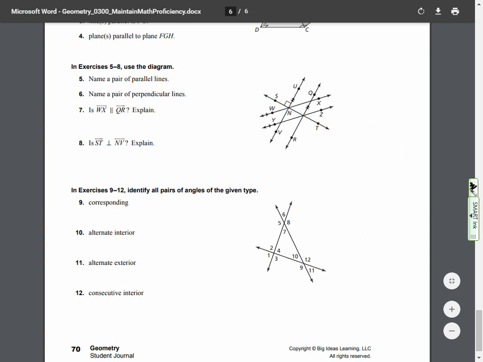Okay, I'm going to ask another question based off what I'm seeing. Let's say this line was QR. ST will go in blue. Is ST perpendicular to QR? At their point of intersection, there is no symbol.